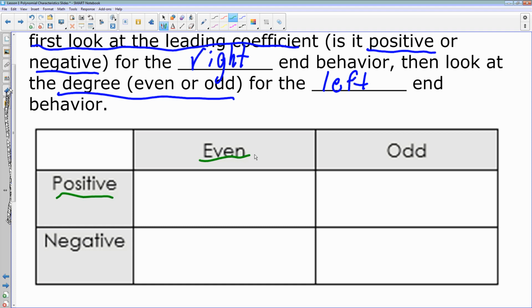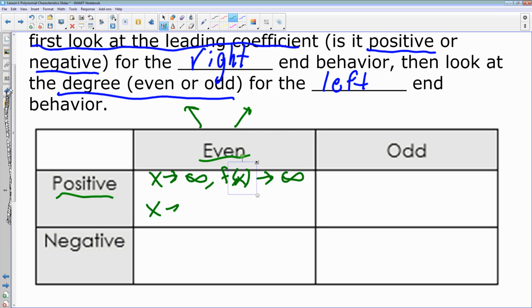If your degree is even, it's going to do the same thing on the left and on the right. So we think of this as up, up. What that looks like is x goes to infinity, so this is the right hand behavior, f of x is also going to positive infinity.